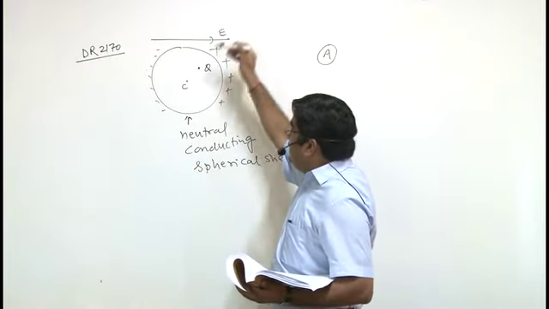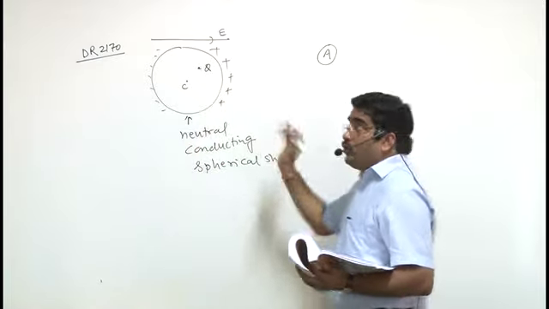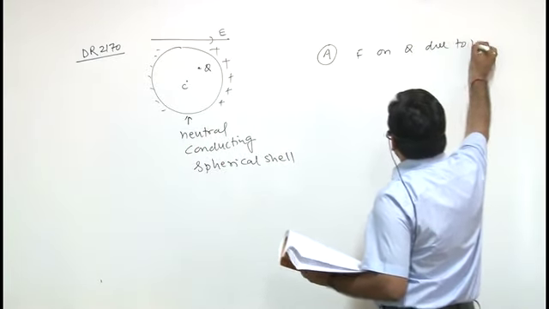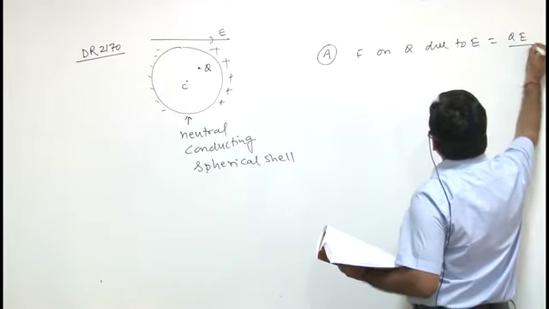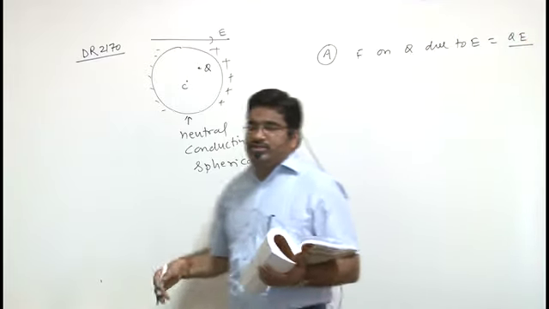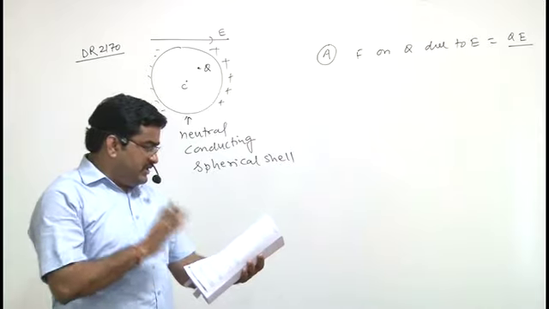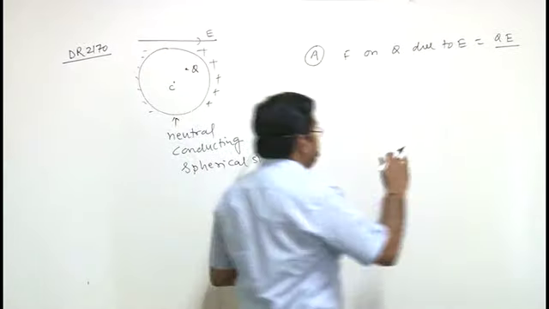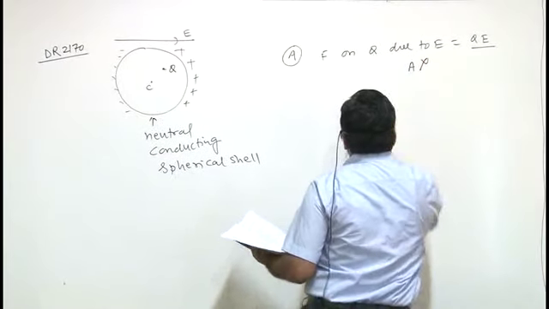But the electric field due to E alone on Q will not be 0. F on Q due to E will be Q into E. In option A they say that force on Q is 0. This is not the correct answer.